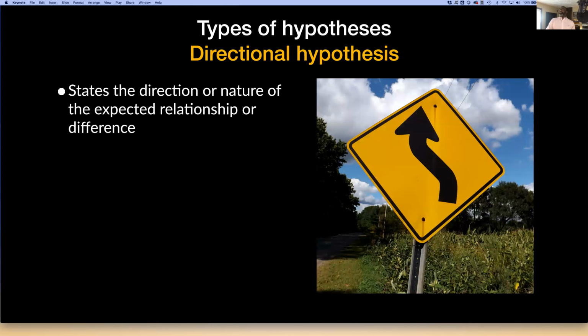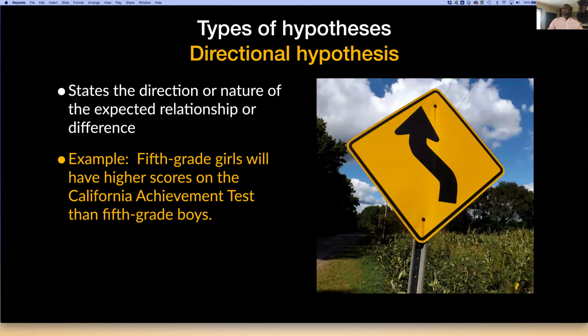So here is a directional hypothesis. It states the direction or nature of the expected relationship or difference. Here's an example. Fifth grade girls will have higher scores on the California achievement test than 5th grade boys. What's the direction there?